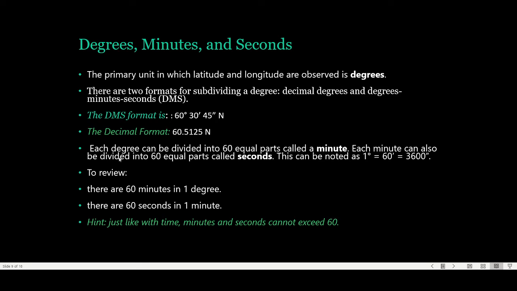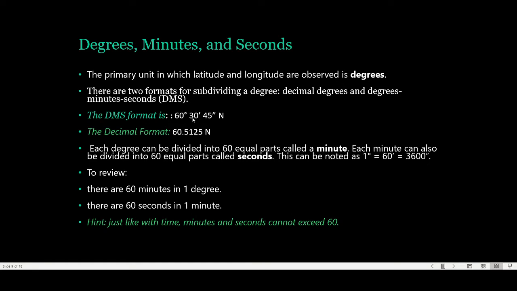So here's a quick rule. Each degree can be divided into 60 equal parts called a minute. Each minute can also be divided into 60 equal parts called seconds, which can be noted as 1 degree equals 60 minutes equals 3,600 seconds. So to review, there are 60 minutes in 1 degree and there are 60 seconds in 1 minute. So just like with time, minutes and seconds cannot exceed 60. So it's talking about this section right here.